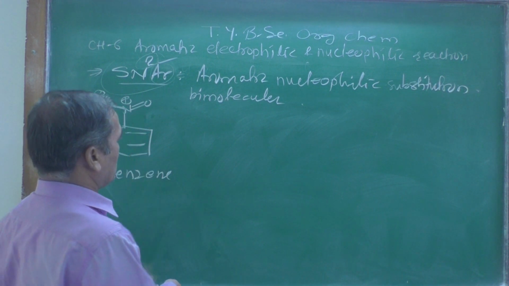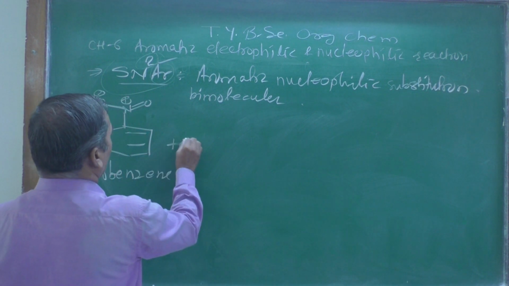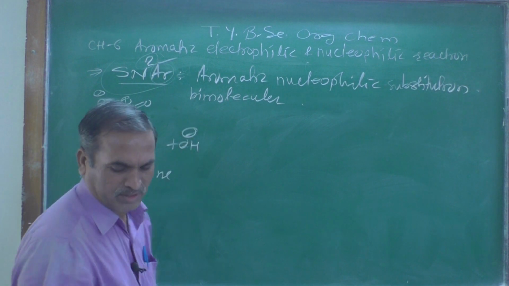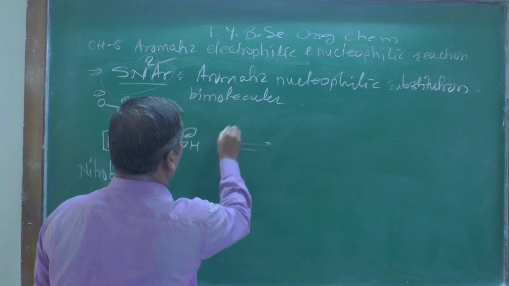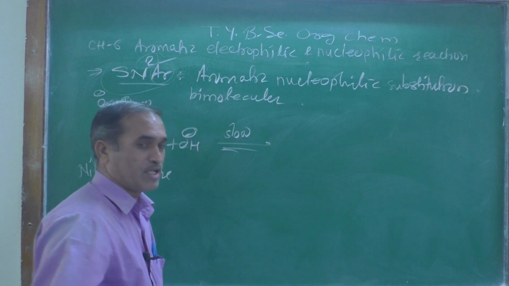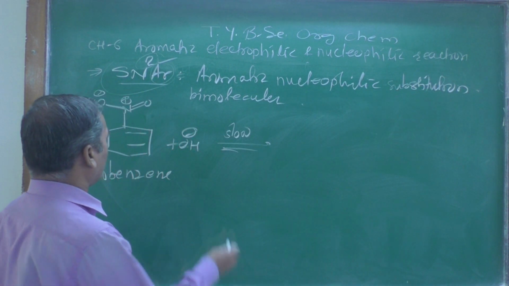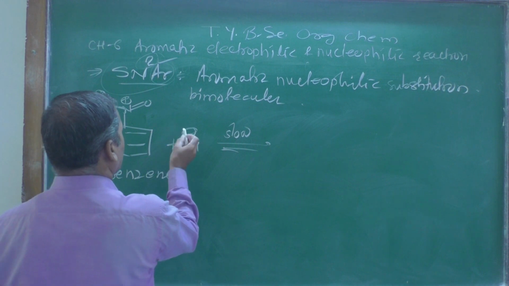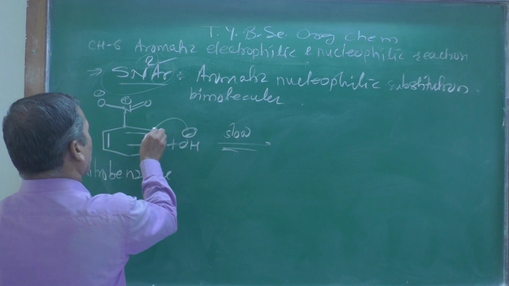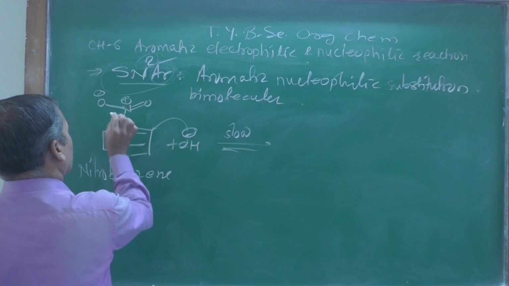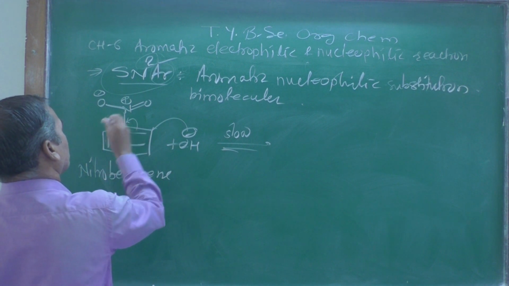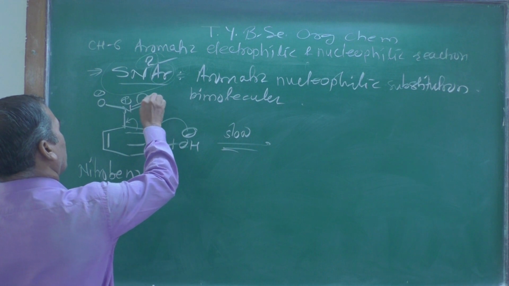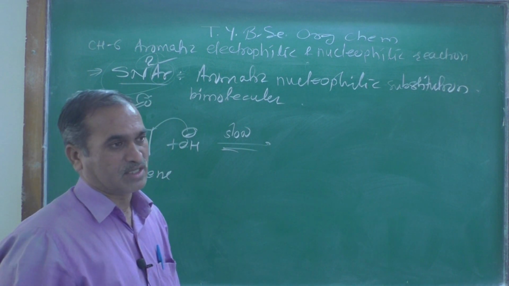and therefore when OH minus is added, that reaction is a slow reaction. Slow reaction, as we know, means it is a rate determining reaction. So here what is happening: the negative charge attacks the ortho position, and then this double bond shifts from here to here, and the negative charge goes on the oxygen atom.